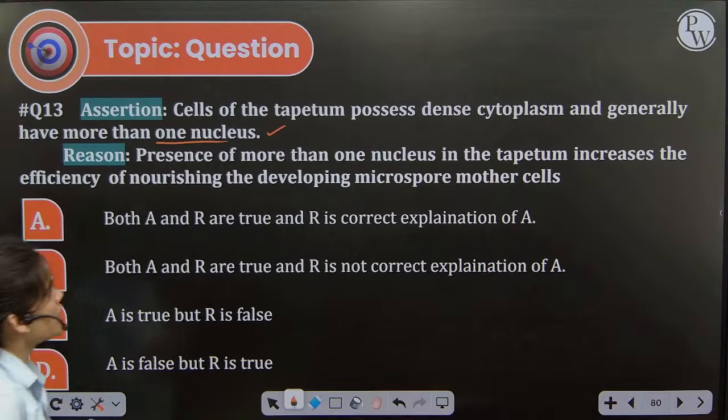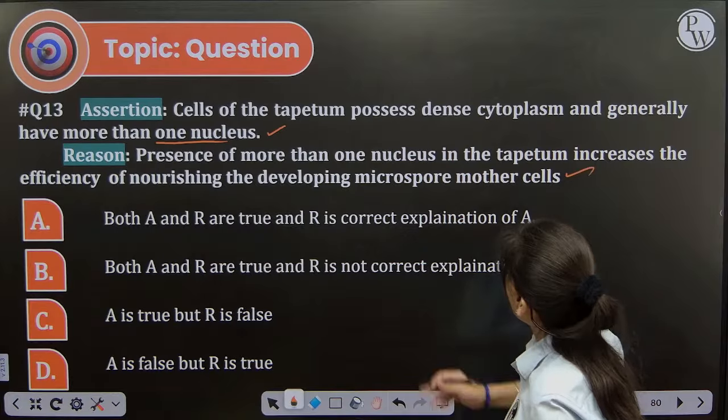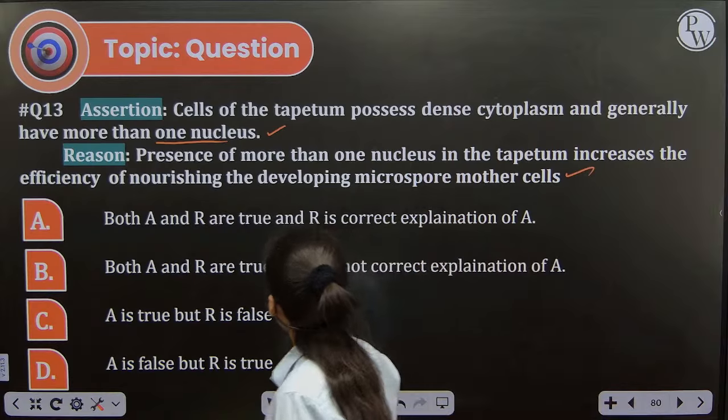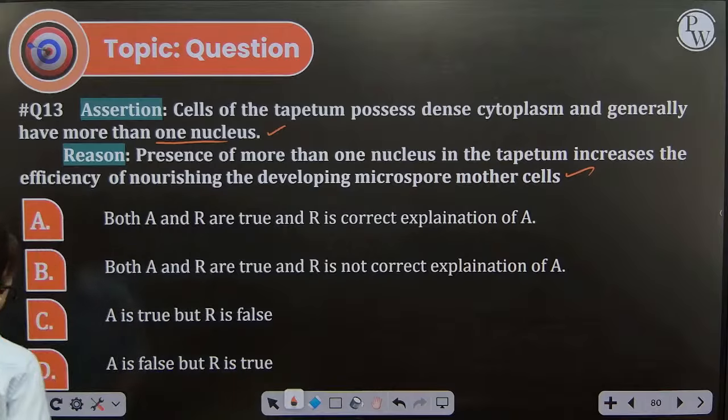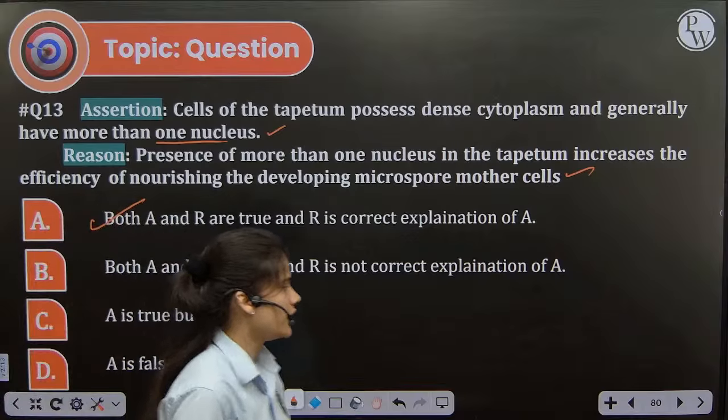Yes, tapetum provides nutrition to the developing pollen grains. So presence of more than one nucleus enhances that. So reason is the correct explanation of assertion here. Correct option is both A and R are true and R is the correct explanation of A.